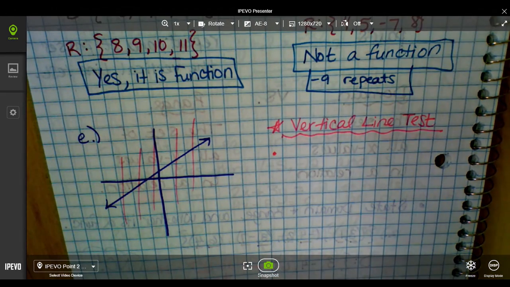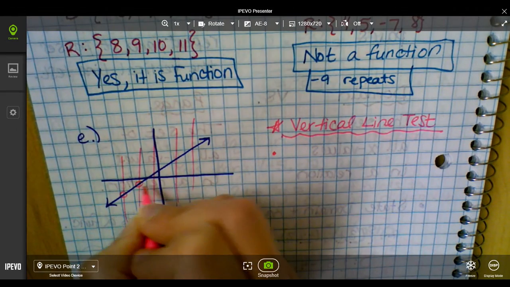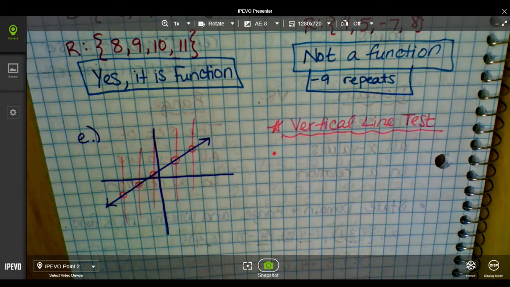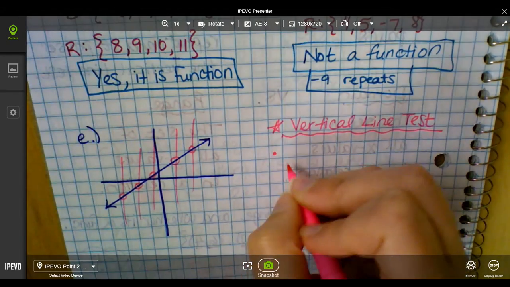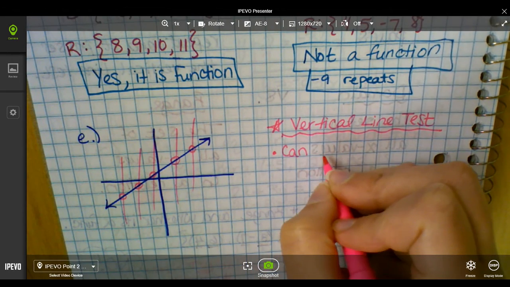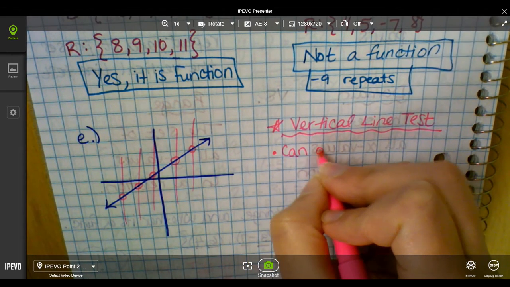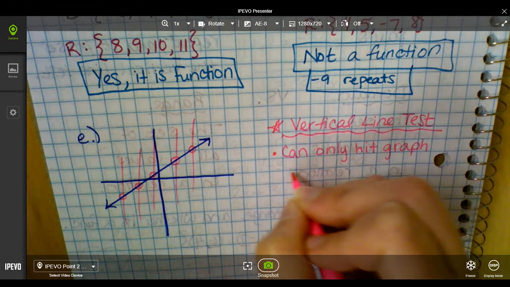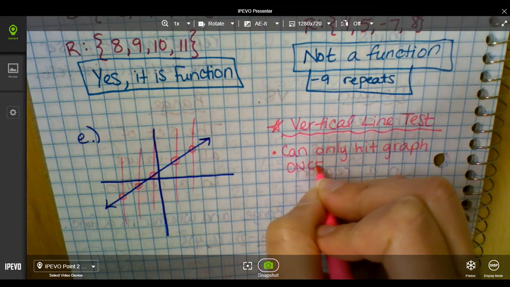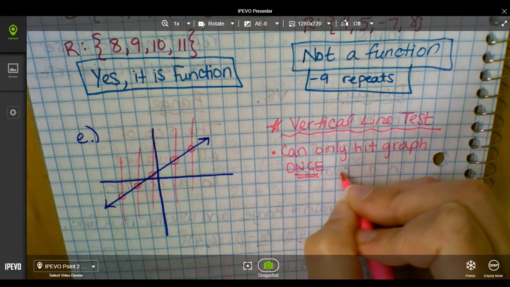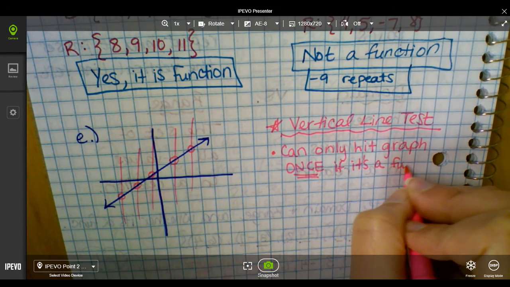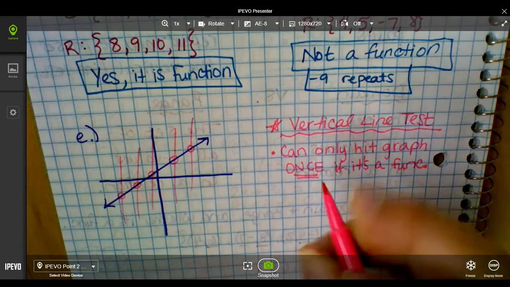If it is a function, it can only hit the graph at one point. So look over here. This one is going to be a function because every time I draw a vertical line, it's only going to hit it at one point for each vertical line. So let's write that down. Can only hit graph once if it's a function. Okay.